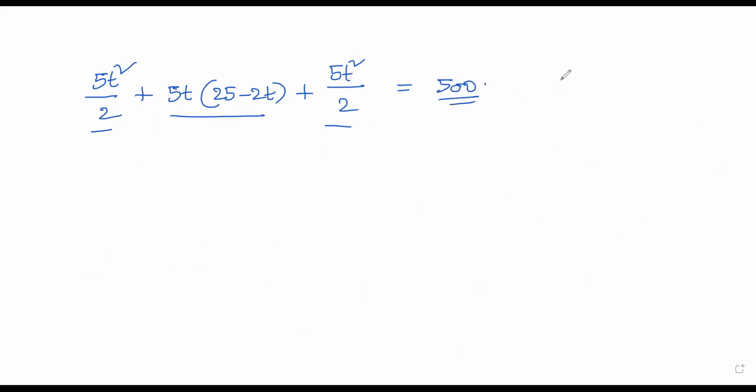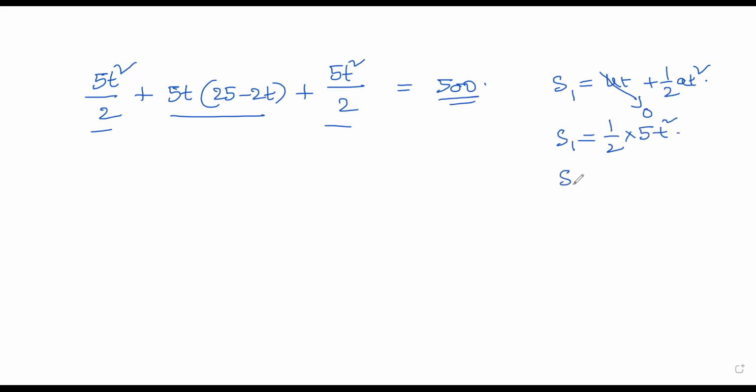So you can use S1 equal to ut plus half at square. That equation also you can use. But initially it is at rest, so this part is 0. So S1 happens to be half into acceleration, which is 5, multiplied by t square.